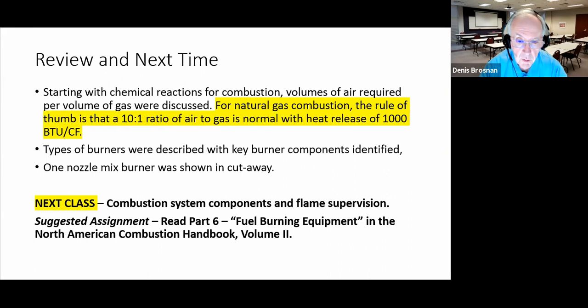Sometimes with liquid fuels, we'll use much higher excess air in order to minimize soot production, to get good environmental compliance. And with solid fuel combustion, we may use even much higher excess air in the kiln.